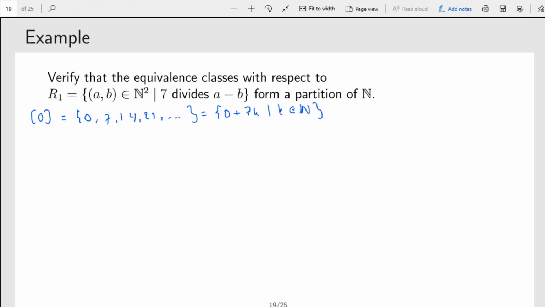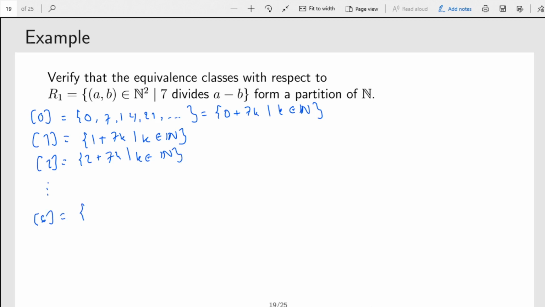Similarly, 1 is the set of 1 plus 7k for k a natural number. 2 would be 2 plus 7k, k a natural number, and so on up to 6, which is the set of 6 plus 7k. Okay.